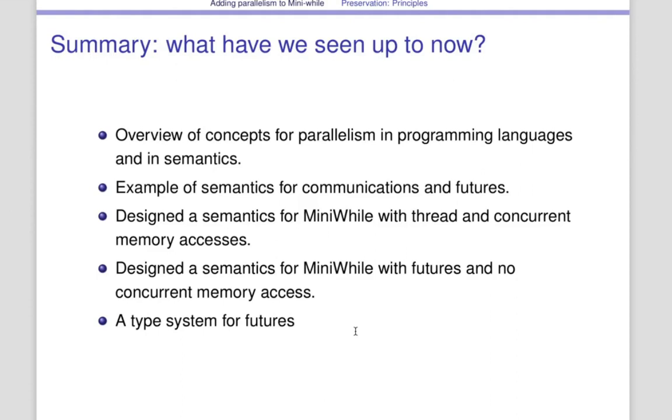We've designed ourselves a semantics for our mini-while language, a semantics for the part that has threads and concurrent memory accesses. Then we designed another semantics for mini-while without concurrent accesses, but with futures and asynchronous function calls. And we designed a type system for this future version. And we've seen how we would prove properties of this type system.